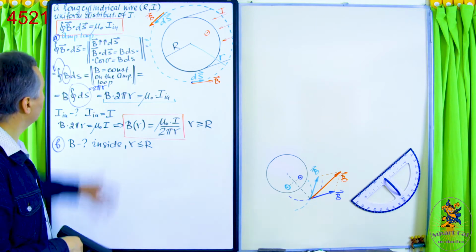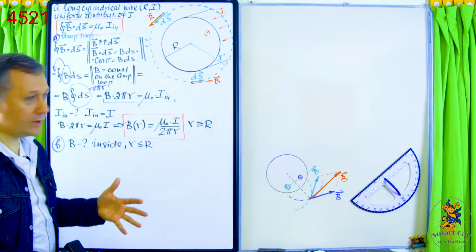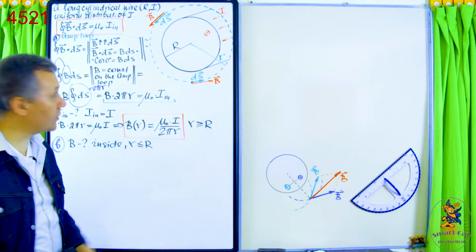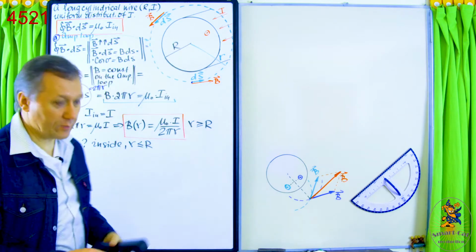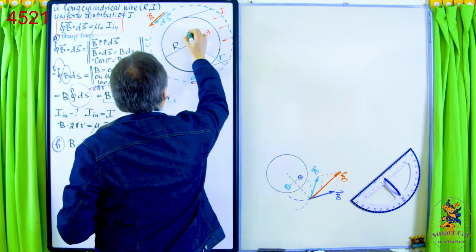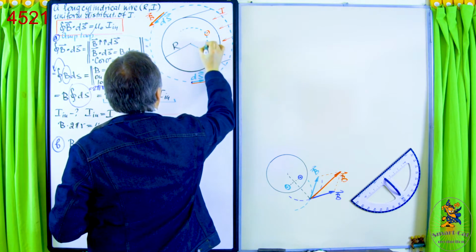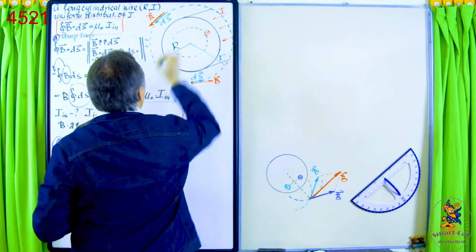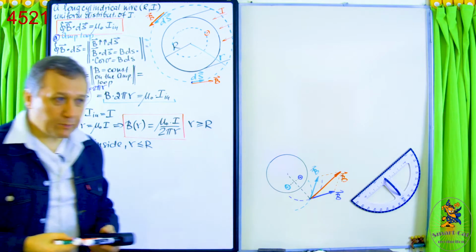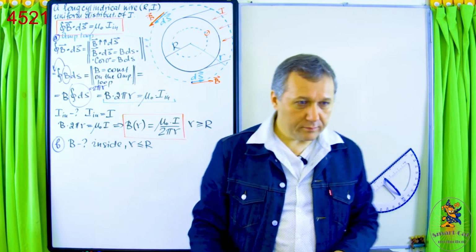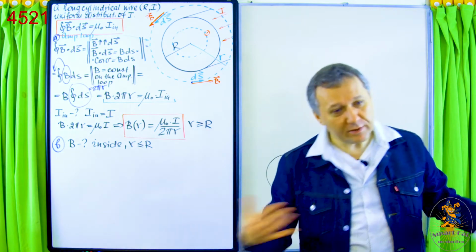You should be able to tell me immediately that the amperian loop for part B must again be a circle, but positioned inside of the wire. So let me pick it here. For each part the amperian loop is different.